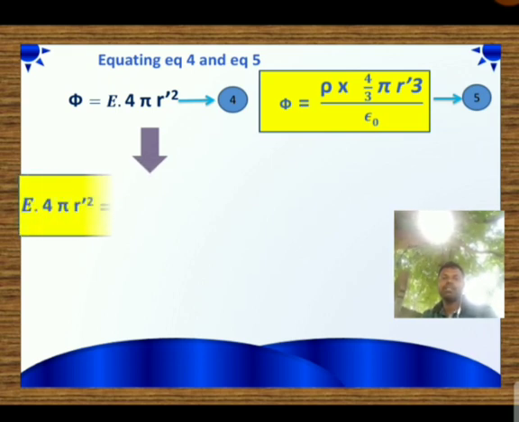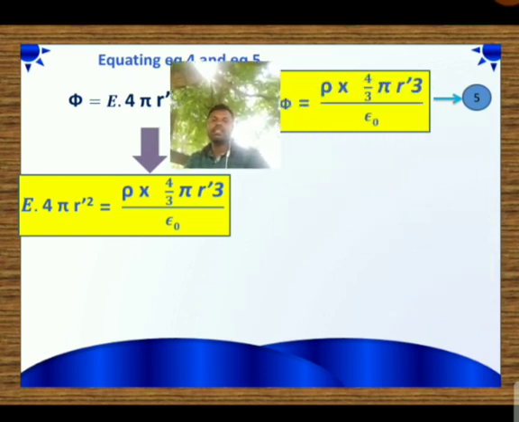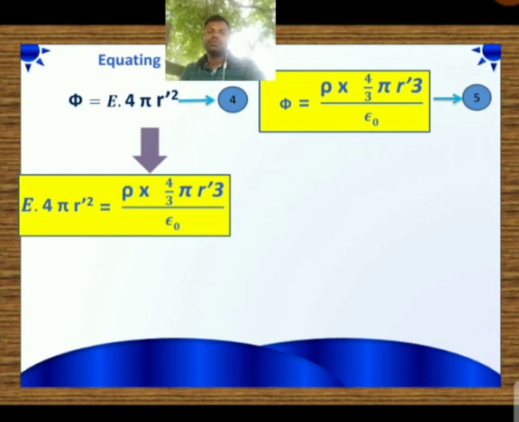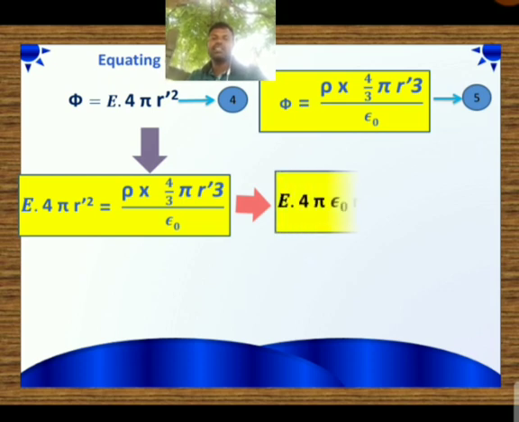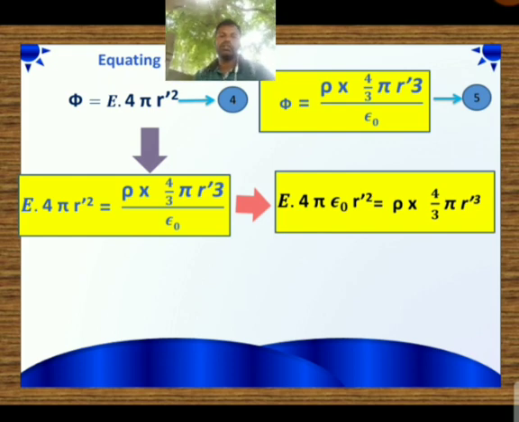What will I get? E into 4 pi r prime square is equal to rho into 4 by 3 pi r prime cube. Now what do I have to do? If I simplify, bring epsilon naught to that side: E into 4 pi epsilon naught r prime square is equal to rho into 4 pi r prime cube.